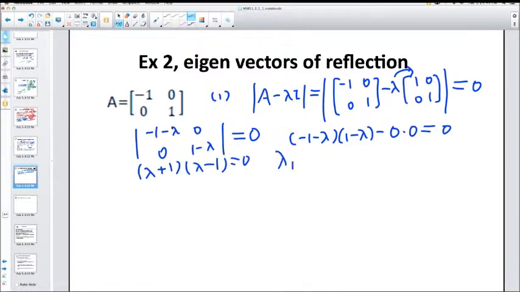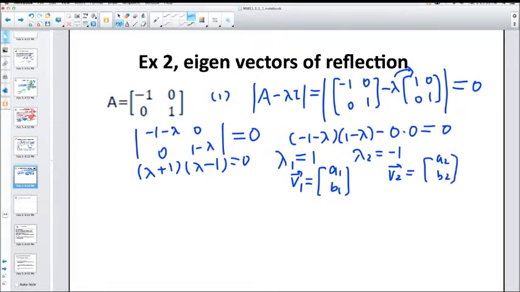The first solution is 1. The second solution is -1. That's 2 eigenvalues. How am I going to find their corresponding eigenvectors? Let me call this V1 equals A1, B1, and the other one, V2, equals A2, B2. You do it one by one.